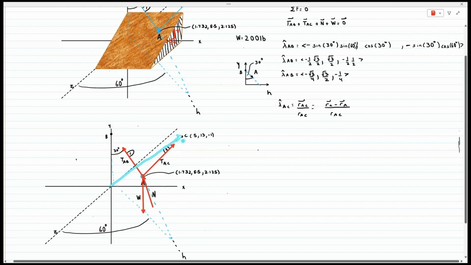If we rearrange that equation, we get the following difference: RAC is equal to RC minus RA. Let's fill in that information. RC is given by the coordinate values, and RA is also given by the coordinate values. Let's take that difference and divide by the magnitude of RAC.